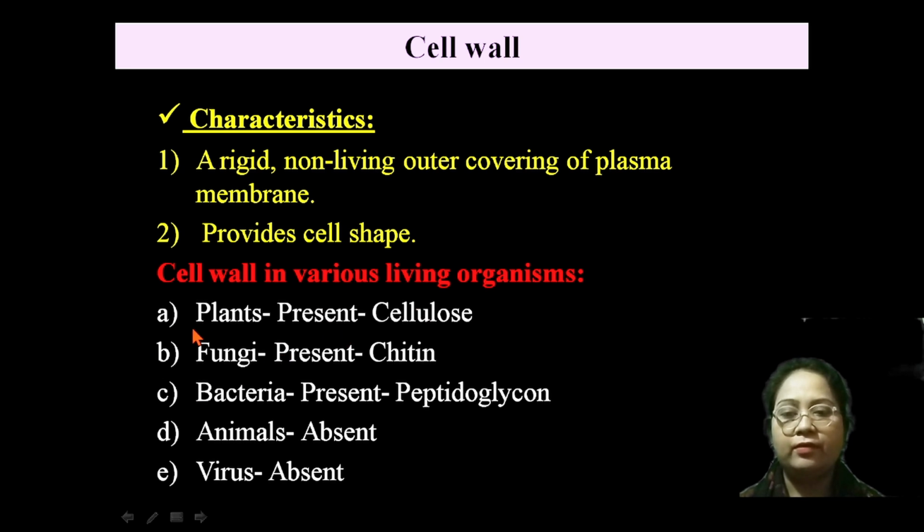Fungi also consist of a cell wall, made up of chitin. Bacteria also consist of a cell wall, made up of peptidoglycan. While animals and viruses do not have a cell wall as their outer covering. Okay, now let's move to the next slide.